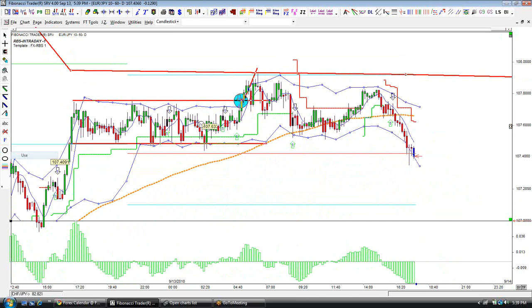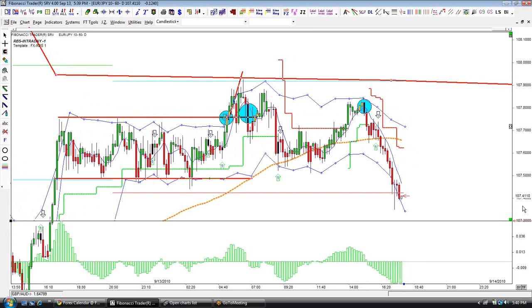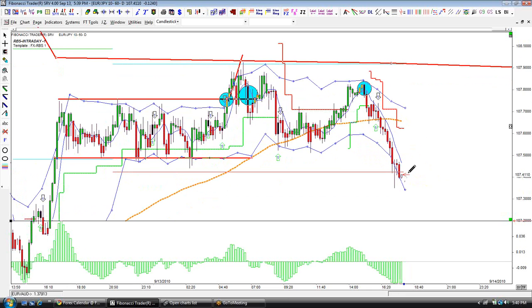Here, nice counter trend signal. Here, another counter trend signal. And now price breaking below the automated trend line. And what we'll do is, I'll be waiting for a corrective move or price trading next to the top side of the swing completion indicator.